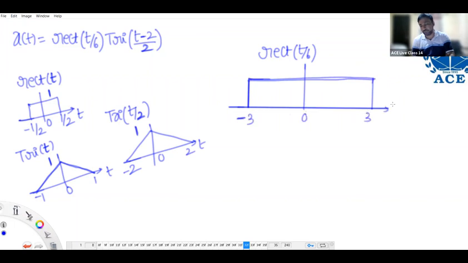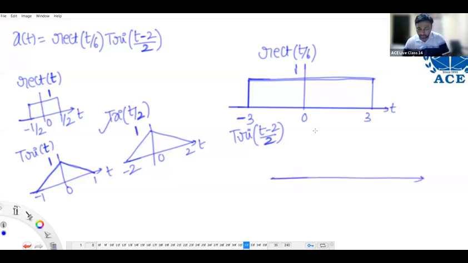This is rect t by 6. What is the meaning of tri t minus 2 by 2? Tri t by 2 I have drawn already. That is right shifted by how many units? 2 units. So it extends from 0 to 4.